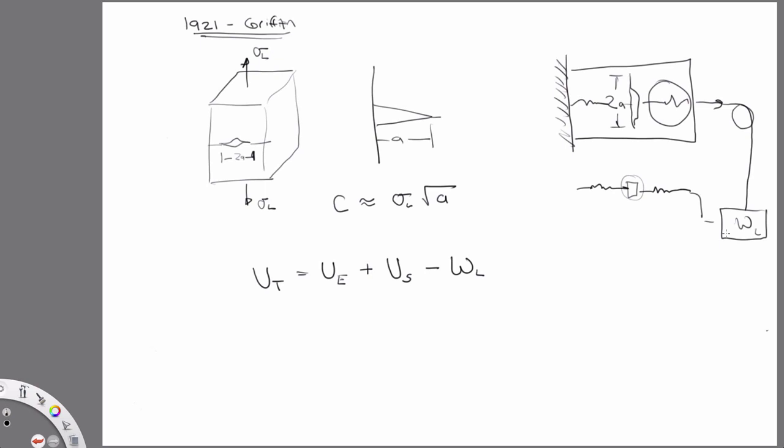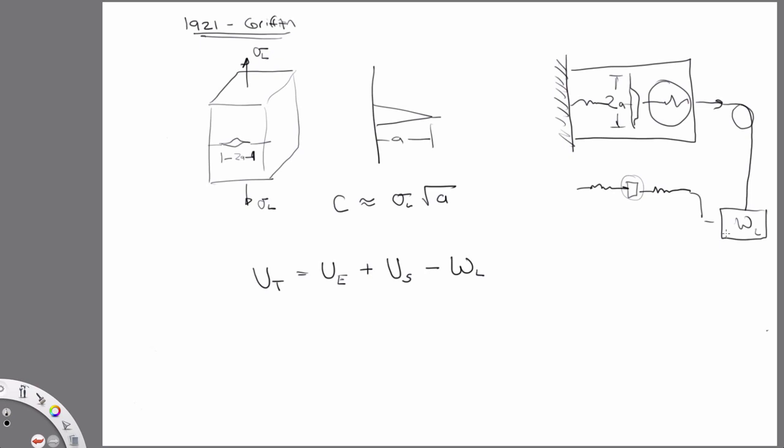Stated in words, the conservation of energy says that the time rate of change of energy, or the change in energy with respect to something, is equal to the energy created minus the energy stored, right? So thermo stuff. Here we're going to make an argument that the total change in energy associated with a change in crack length is equal to 0 due to this energy balance.